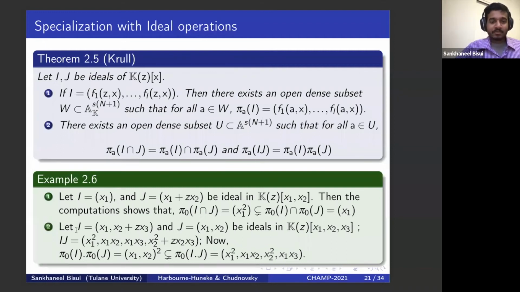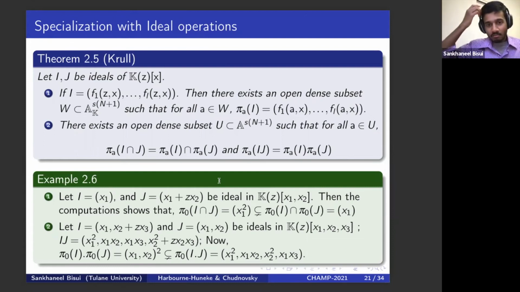Similarly, if we take an ideal generated by x1, x2 plus zx3, then the product of the specializations sits properly inside the specialization of the product. So for each of these scenarios, we will get proper open sets.